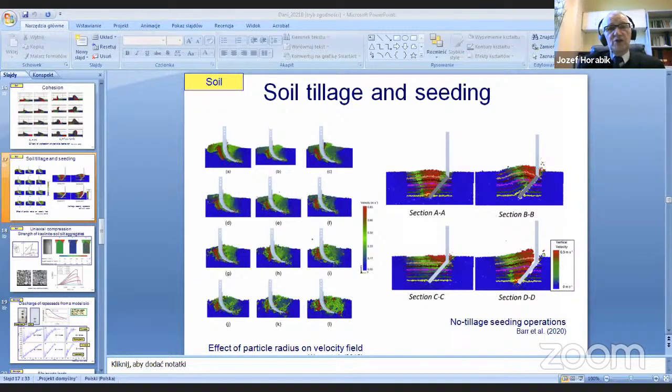Another application, harvesting, grain straw separation: grain modeled as spherical particles, straw as segments connected by the BPM model. And again, we can see good approximation of experimental results by the simulations.